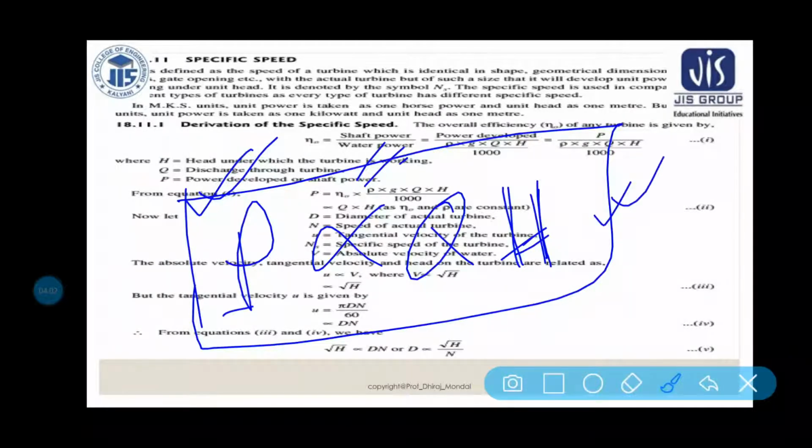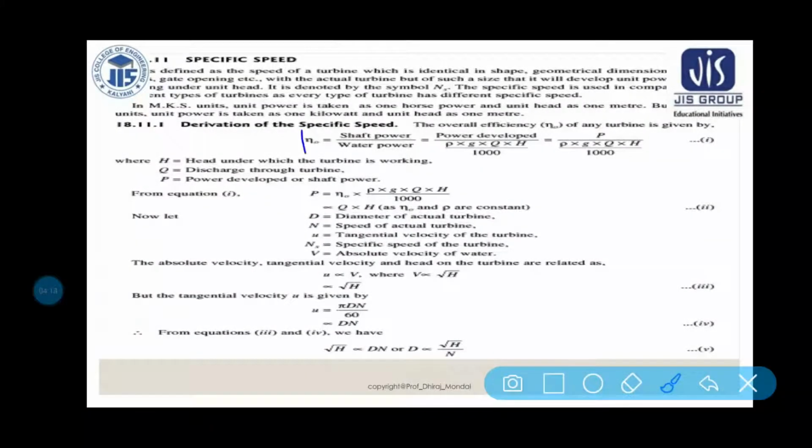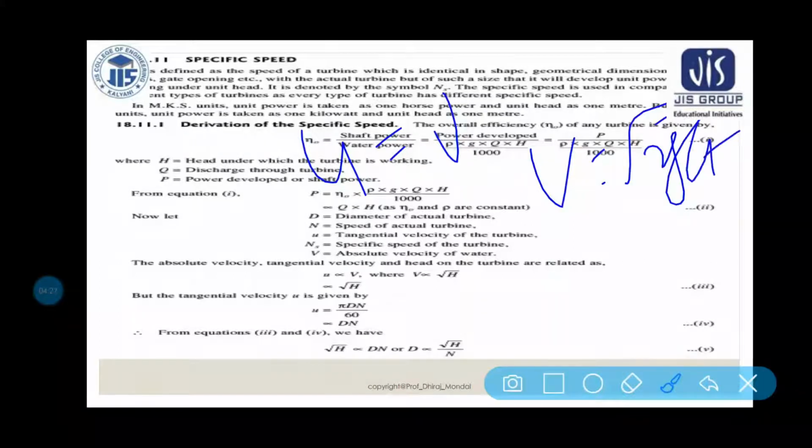Now I have to replace this Q with some other terms. Let us see. You know that V is equal to root over 2gh, so V is proportional to root over h.